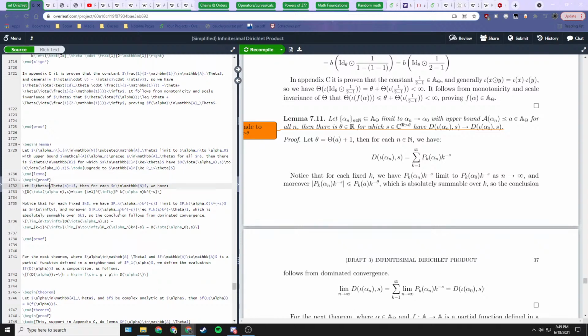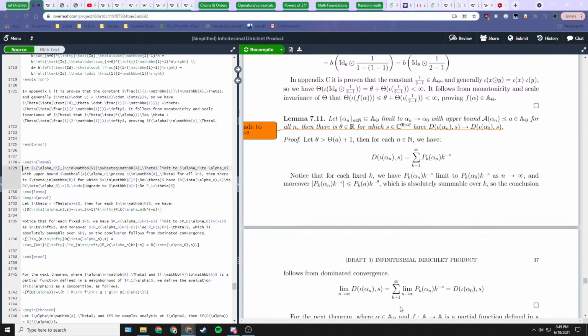So this lemma was: if we have a sequence in A theta which has a limit in A theta and it has an upper bound in A theta, then the Dirichlet series limit for a sufficiently large theta, these Dirichlet series will be convergent in some right half domain. So let me do this.